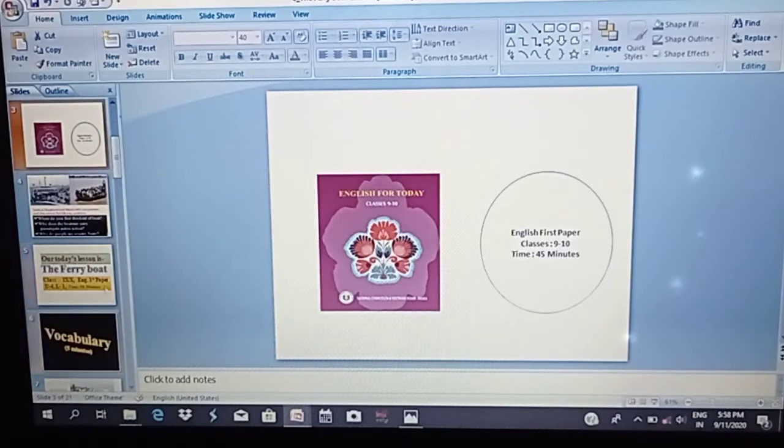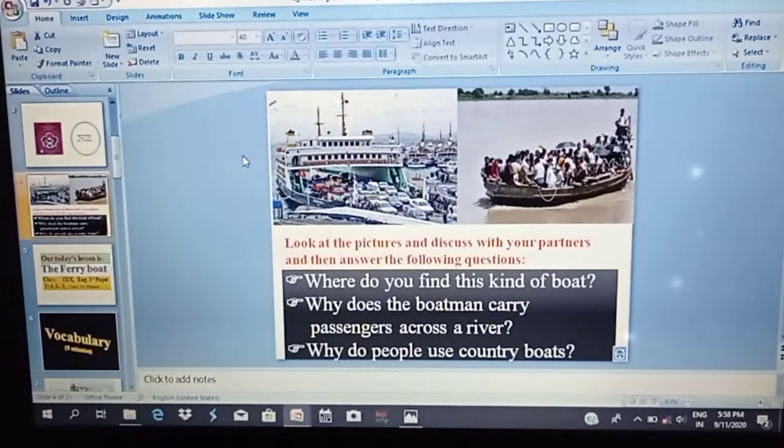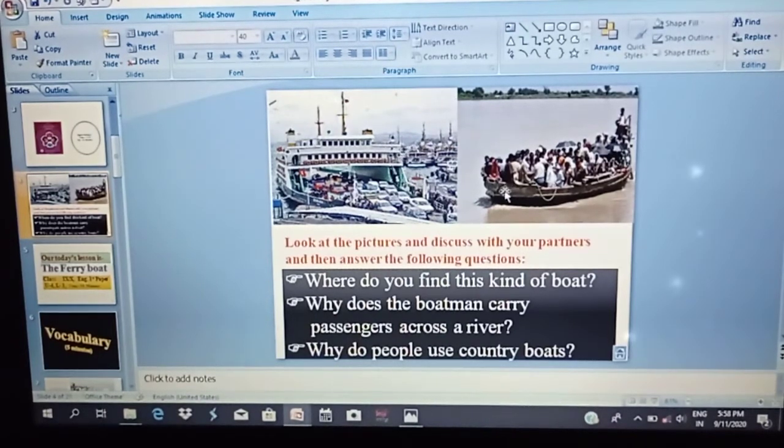At first, we will look at these pictures. You can watch the two pictures here. These two pictures are very familiar to us.